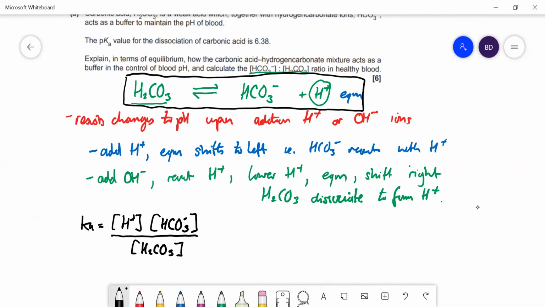Now this question is asking us to work out the ratio of these two concentrations in the blood.